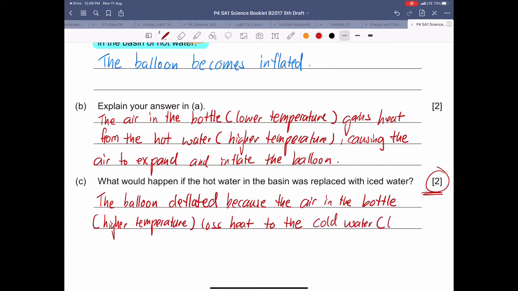Lower temperature. And contracted. So because your air is now hotter, it lost heat to the cooler region, which is actually your cold water. It actually would contract. Okay?